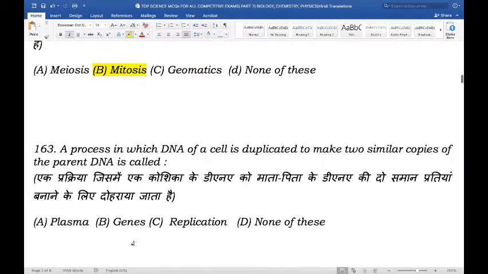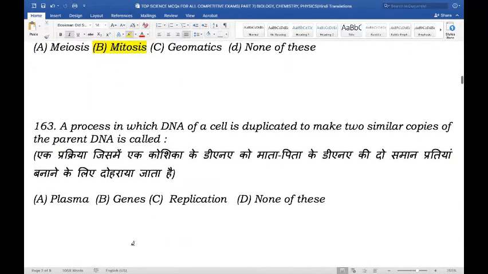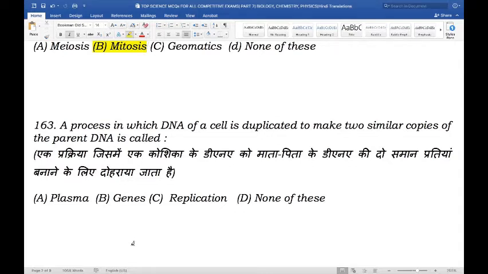Moving on to the next question. A process in which DNA of a cell is duplicated to make two similar copies of the parent DNA is called, is it A, plasma, B, genes, C, replication, or D, none of these?